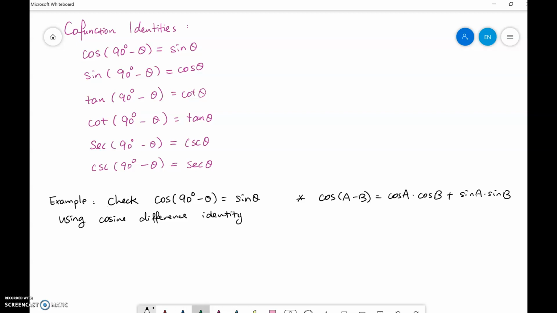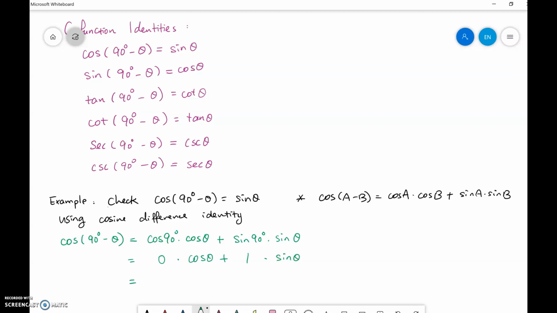So to check it, I have cosine of 90 degrees minus theta. According to the formula, I have cosine of 90 degrees times cosine of theta plus sine of 90 degrees times sine of theta, where cosine of 90 is 0, and sine of 90 is 1.